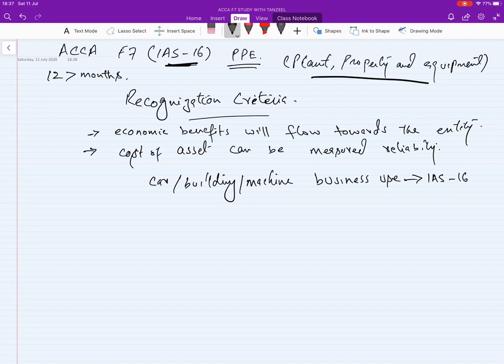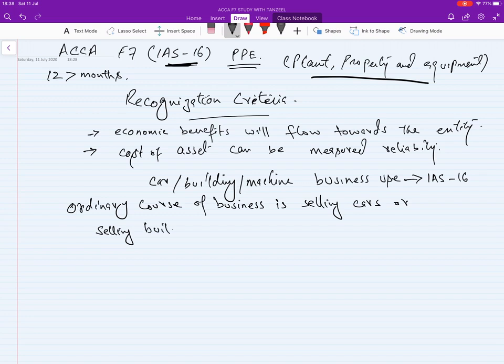If it is for business use, it will come under IAS 16.